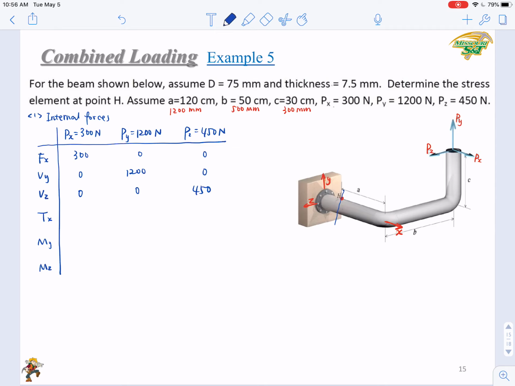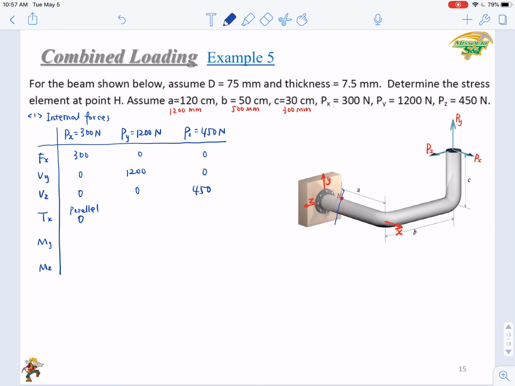Which of these three external loadings will make torque about x-axis? Will Px make a torque? No, right? Px is parallel to x-axis, so you will have a 0 here. How about Py?